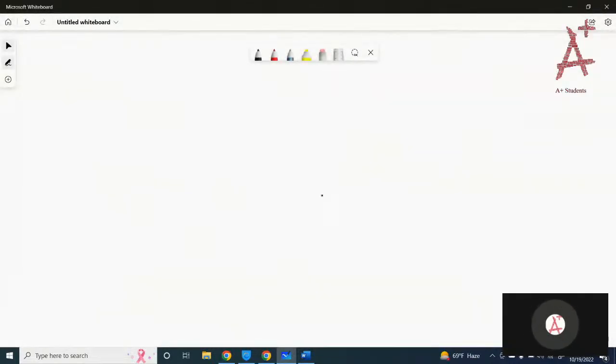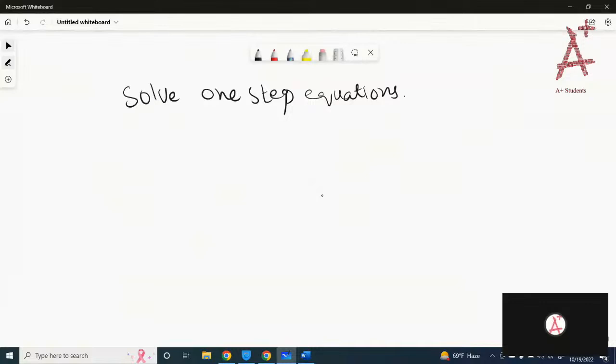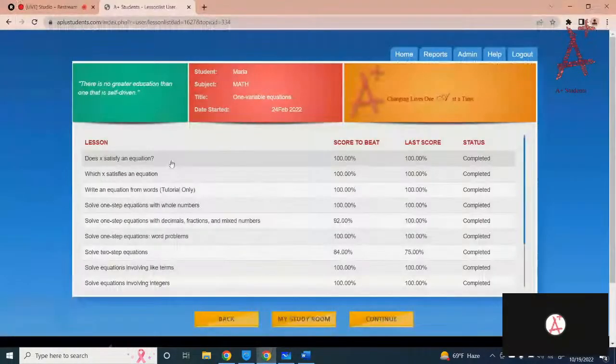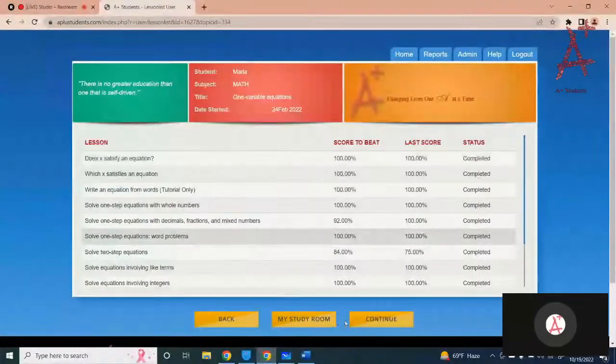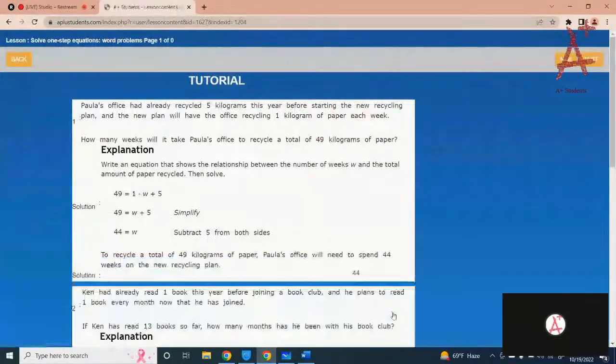The lesson name is solve one-step equations for word problems. So let's start with the topic. Solve one-step equations word problems. Okay, let's start with the test.